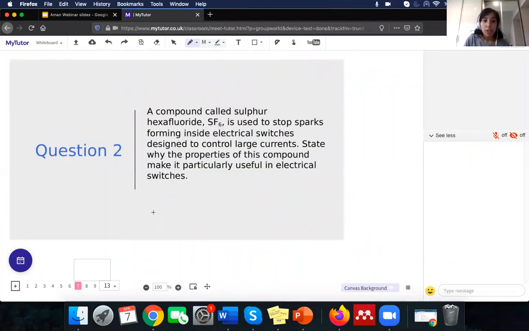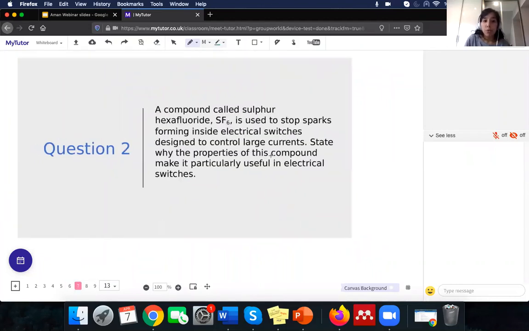The next question says a compound called sulfur hexafluoride, with chemical formula SF6, is used to stop sparks forming inside electrical switches designed to control large currents. State why the properties of this compound make it particularly useful in electrical switches. Note how, first of all, we've got SF6 and it says compound.